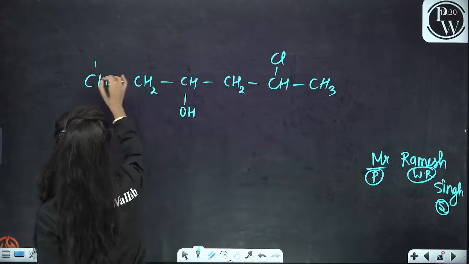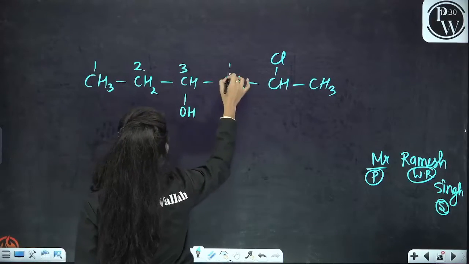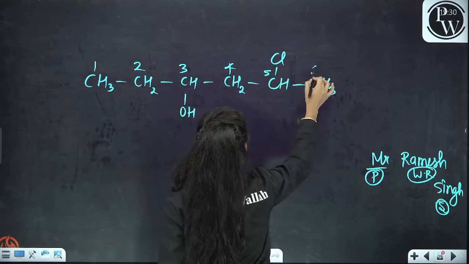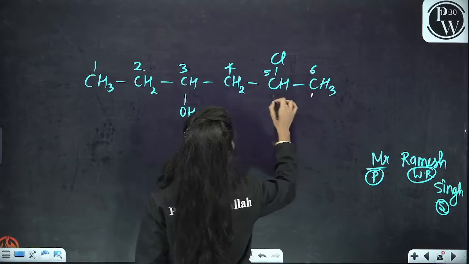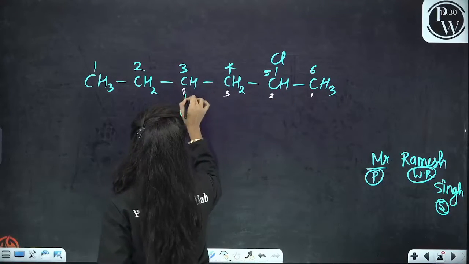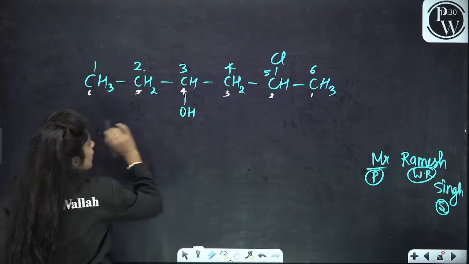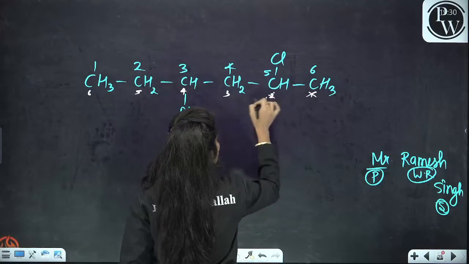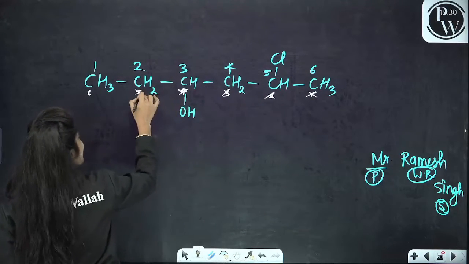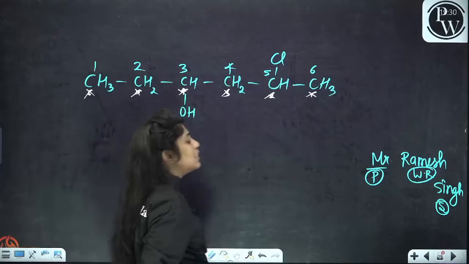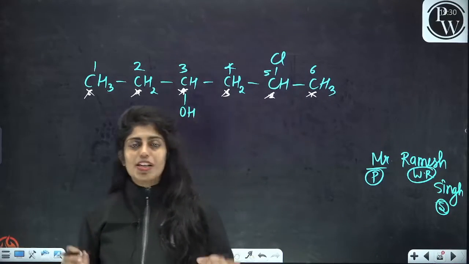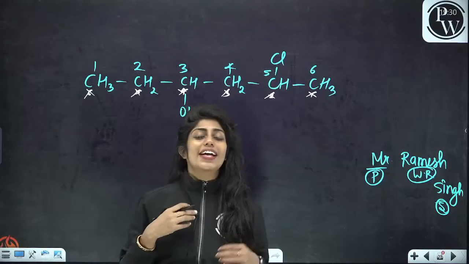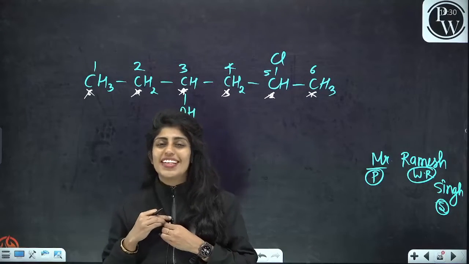I will be giving it 1, 2, 3, 4, 5, 6, and never the reverse. Never. Why? Because suffix is always prioritized over prefix. Surname is always prioritized over Mr., Miss, Mrs., etc.